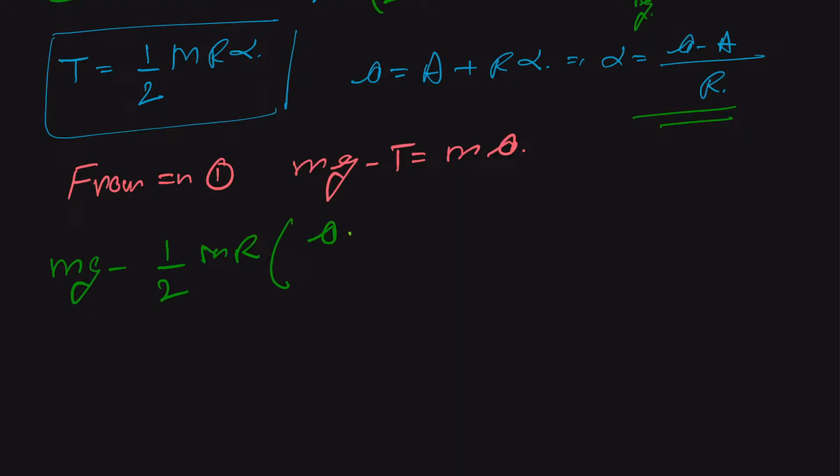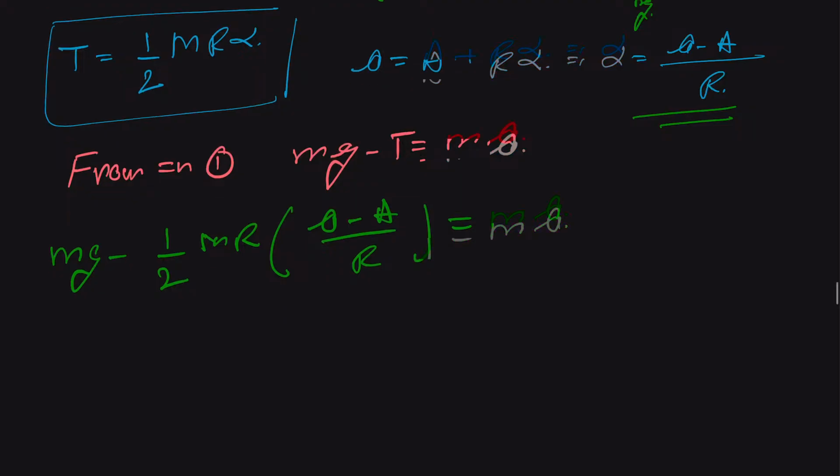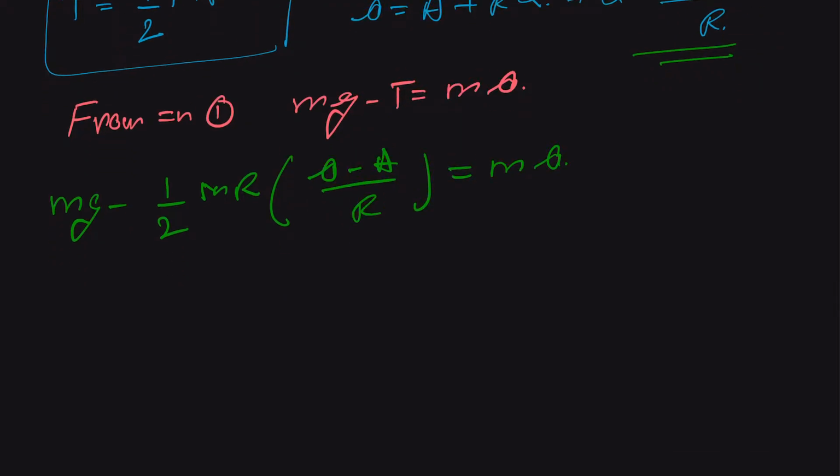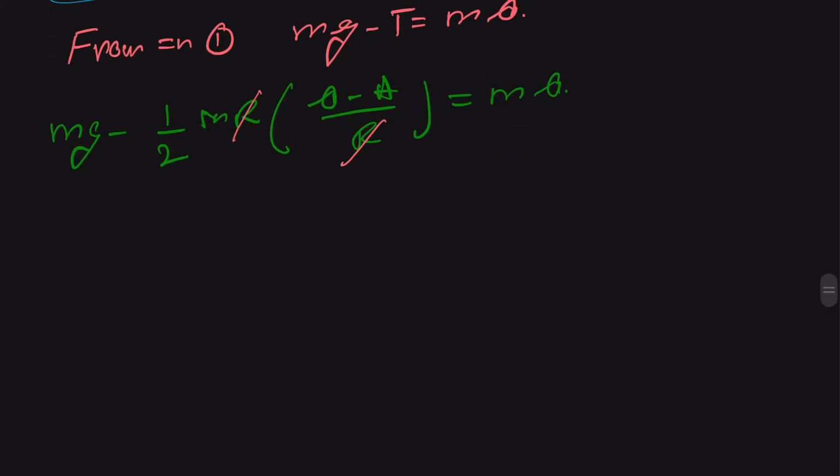So this comes as a minus capital A divided by r is equal to mass into acceleration. And this we can cancel out our r and r, therefore we get mg minus 1 by 2 M times a minus capital A is equal to m times small a.